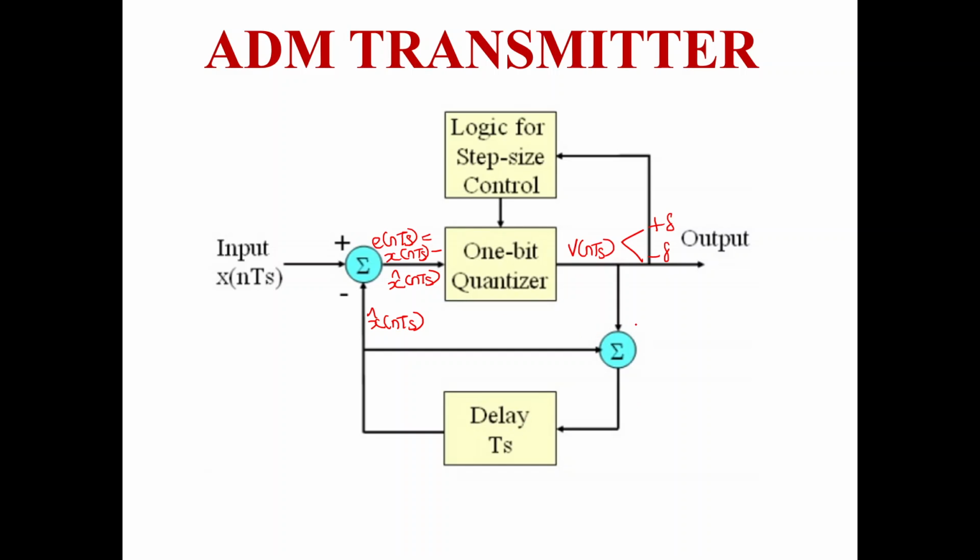The accumulator has a summer in the path, which adds the quantizer output and the delayed version of the sampled signal u of n minus 1 Ts. So the output of the summer block can be written as u of nTs. Mathematically, u of nTs can be written as u of n minus 1 Ts plus v of nTs.